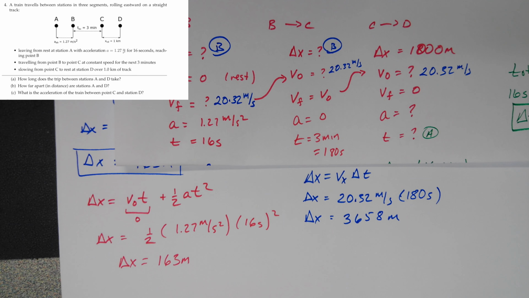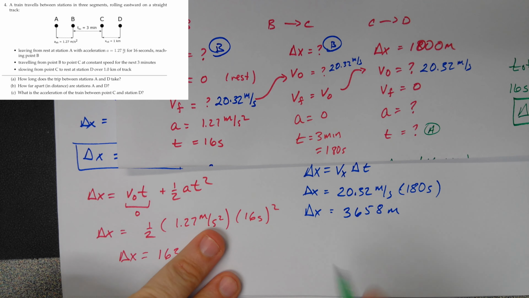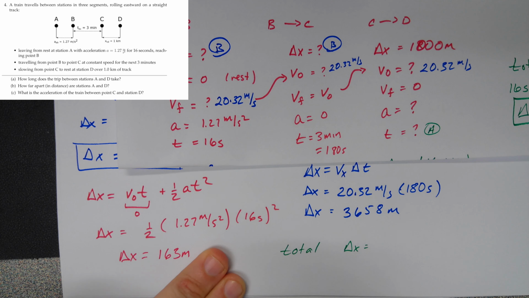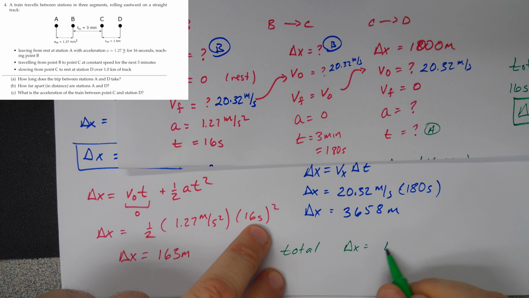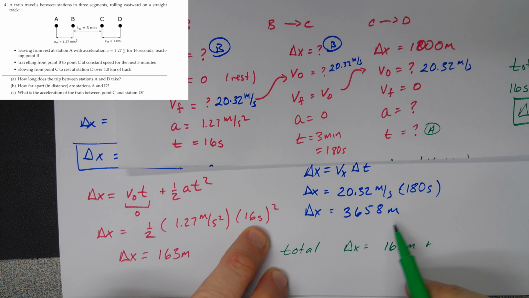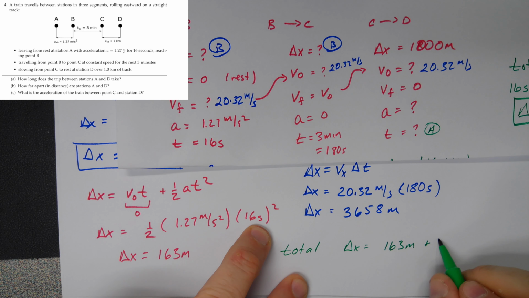So now we can do the total, right? All three segments. Delta x from A to B is 163 meters. From B to C is 3,658 meters.